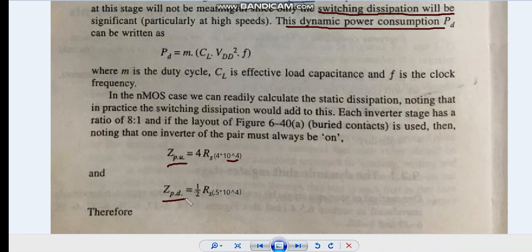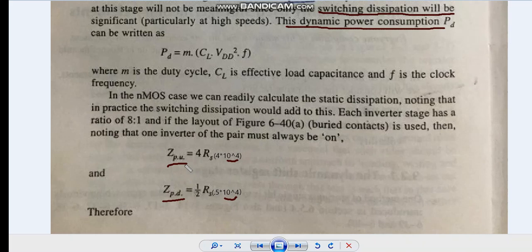Similarly for the pull down, what is the ratio? It is 1:2, so I am taking 0.5. Of course RS remains the same, 10 raised to 4. So what are Z pull up and Z pull down?